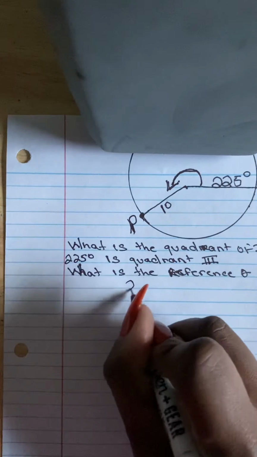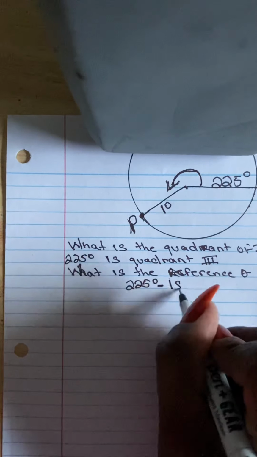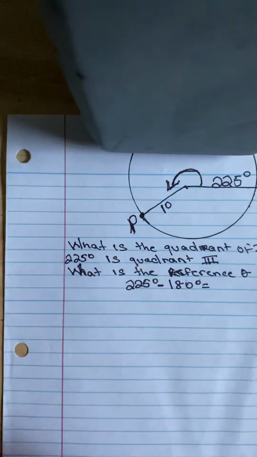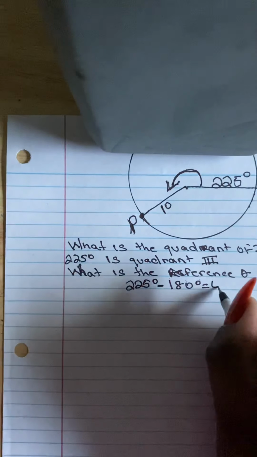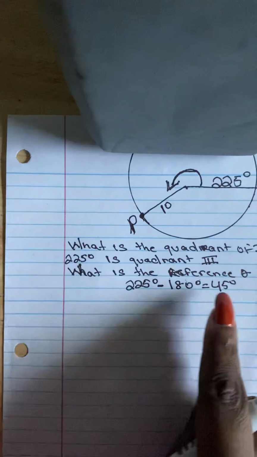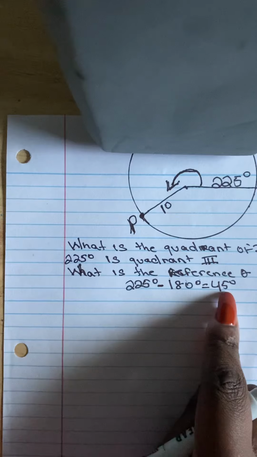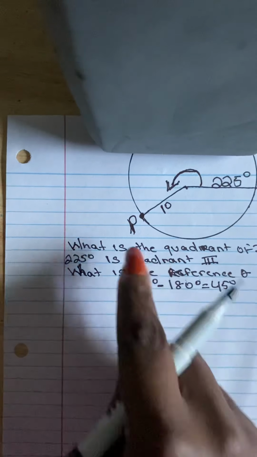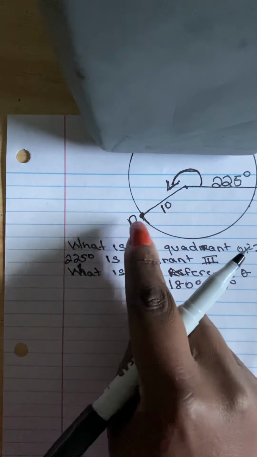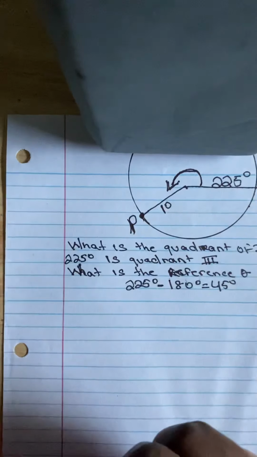So it's the difference of 225 degrees minus 180 degrees, which gives us 45 degrees. This is going to lead us into finding the coordinated point of 225 degrees.